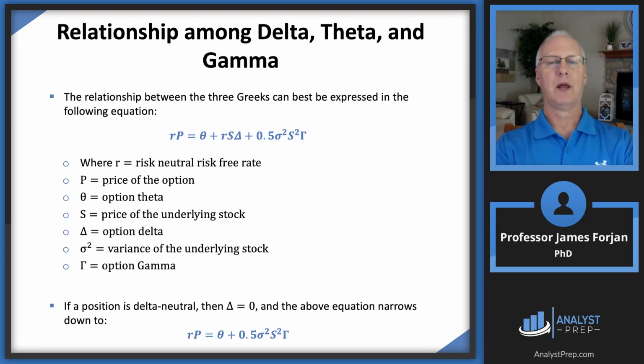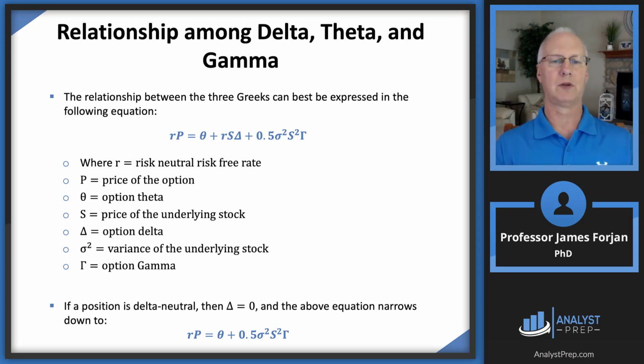Now remember when we started talking about this with the theta, I said suppose all those other inputs stay the same. Of course they're not going to, so the question then becomes what happens with the delta, the theta, and the gamma? How are they related? The chapter reading has a fairly interesting discussion on how this formula is derived, but let me give you the big picture. Note what's happening on the left-hand side of the equal sign.